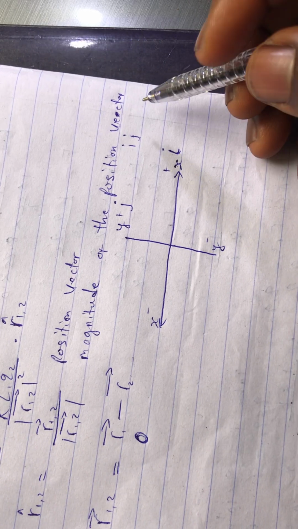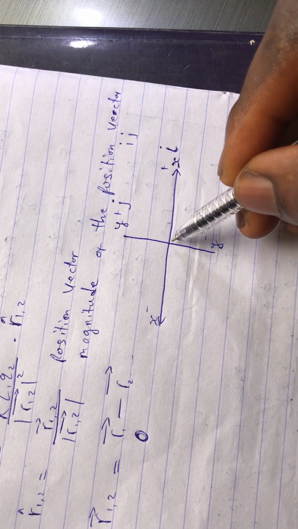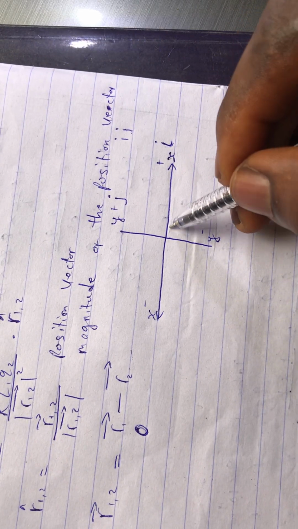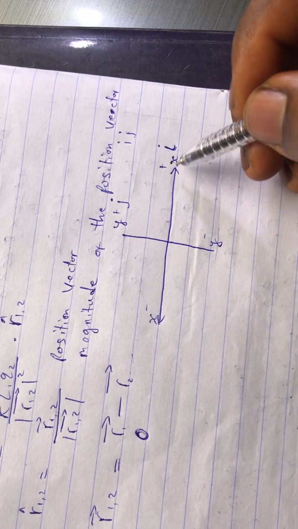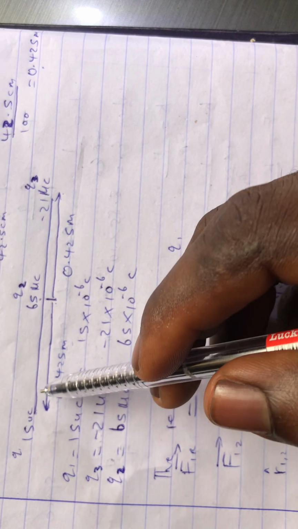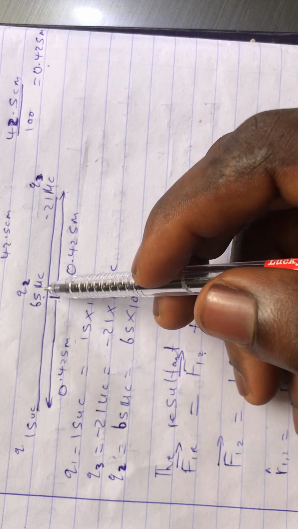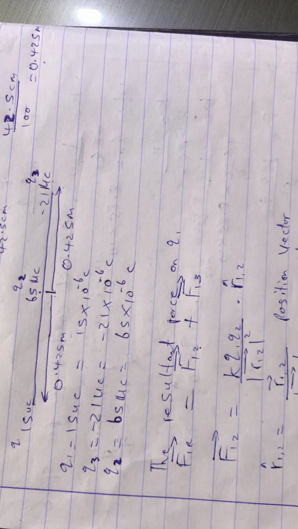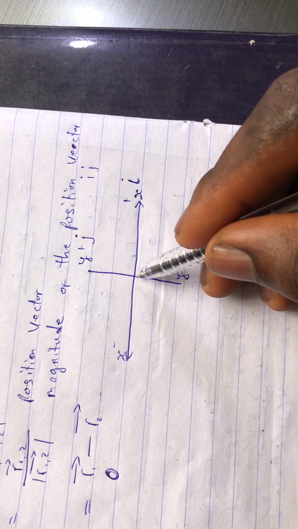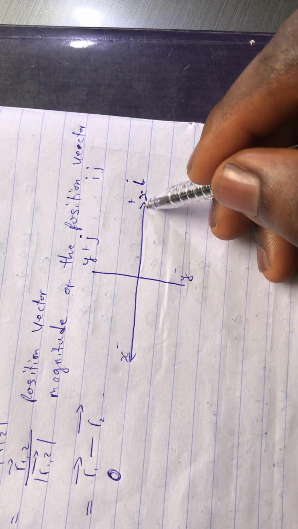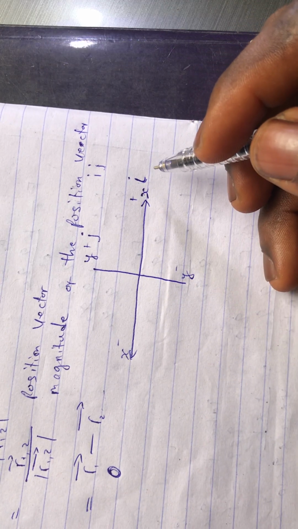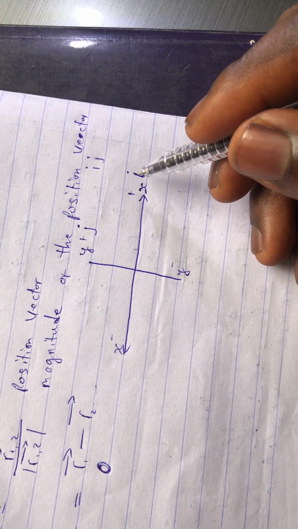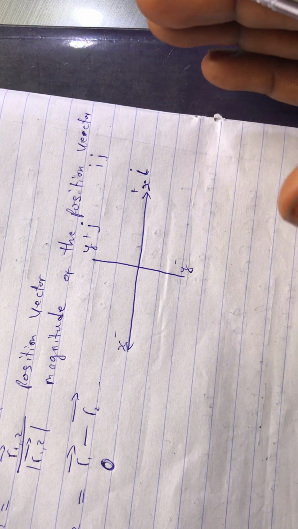In our Cartesian coordinates, if you are moving to the right, you can see the arrow pointing like this. Moving to the right means the positive side. You are moving from charge 1 to charge 2, so you're moving to the right, the positive side, which is actually x.